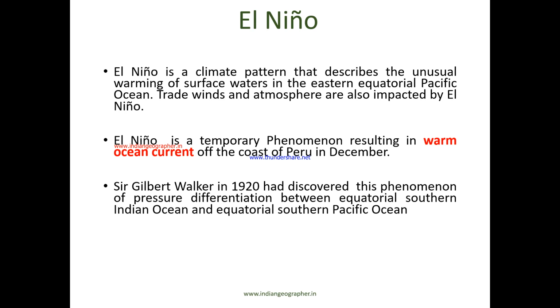This current moves towards the equator, that is the normal condition. Now this current reverses during certain periods and flows from the equator towards the southern side, and the temperature of the current also changes, it becomes warmer. That change is termed El Nino.